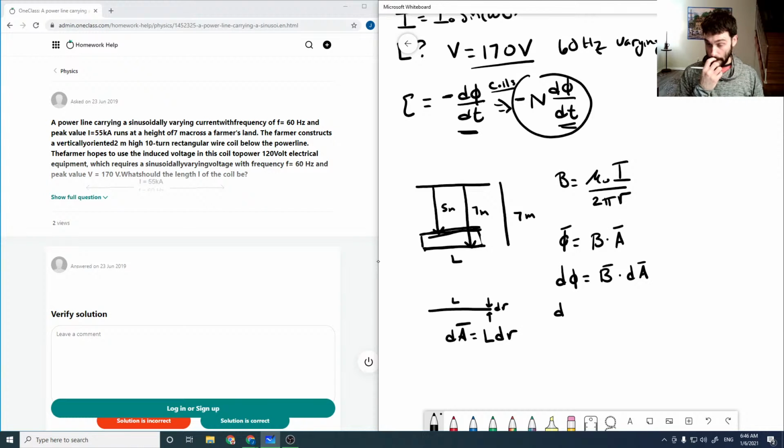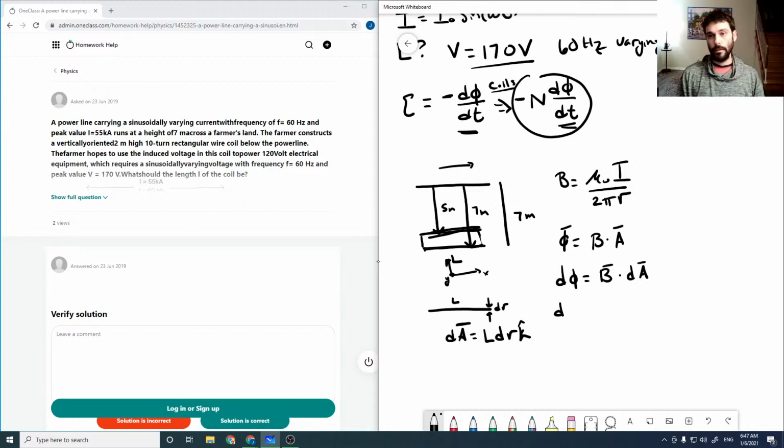And if I want to make it a vector, then I can, and it's just going to be k hat, right? Because my area lies in my xy plane. So if I go x, y, and so from the right-hand rule, the unit vector for the area comes out of the page. But also my B field follows the right-hand rule.